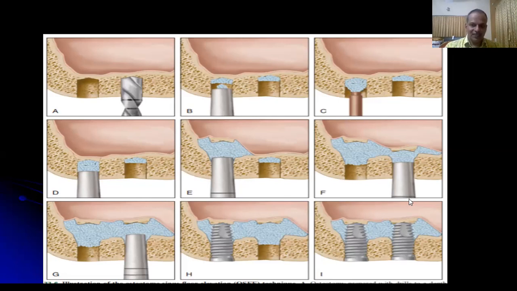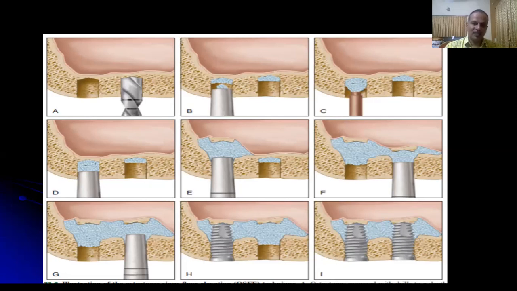The amount of bone that can be augmented vertically with the crestal approach is about 2 to 7 millimeters. Studies have shown that about 2 to 7 millimeters of increase in bone height can be achieved with the crestal approach technique, an average of about 3.8 millimeters.